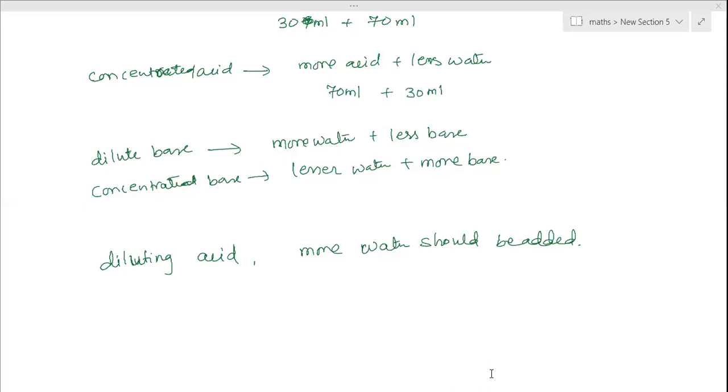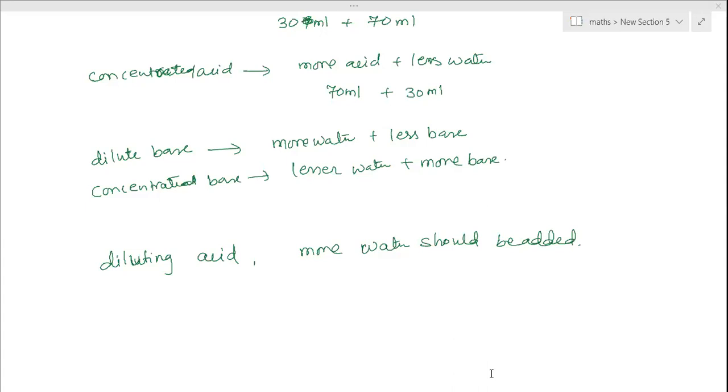And one more reason is, when this process is done, a large amount of heat is produced, which means the temperature increases. At that temperature, the acid gets converted into gaseous state, and the vapors of those acids are immediately formed and mix with the air.